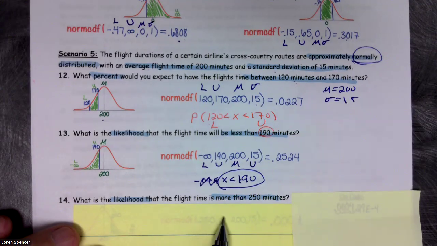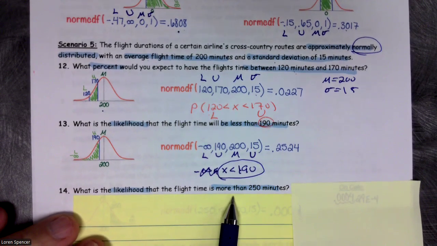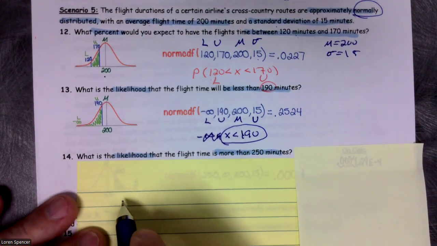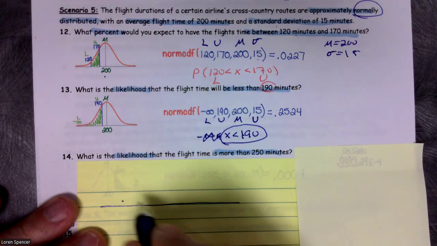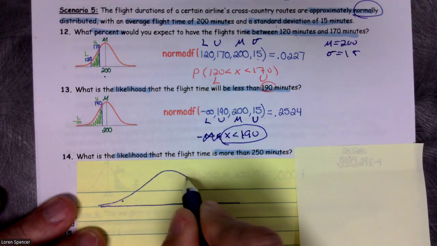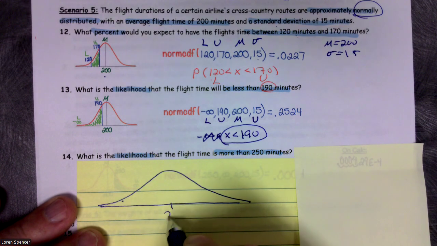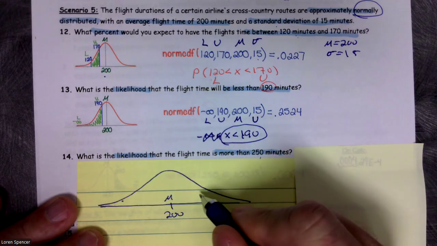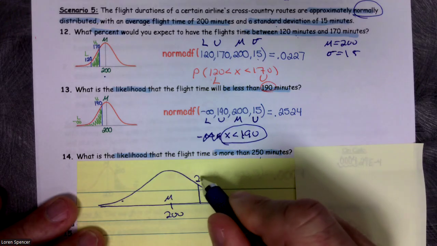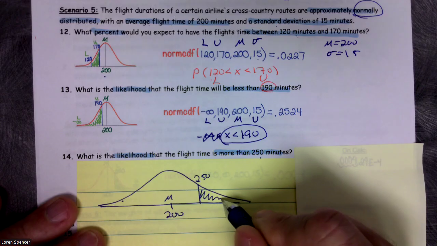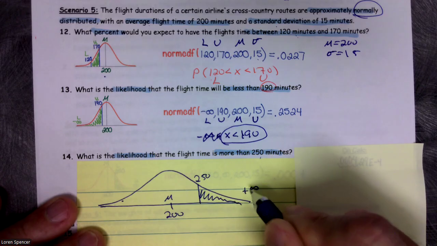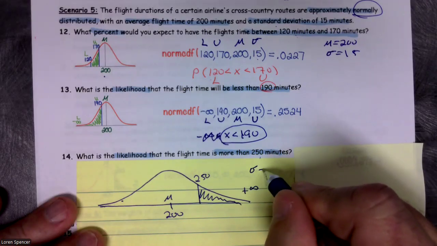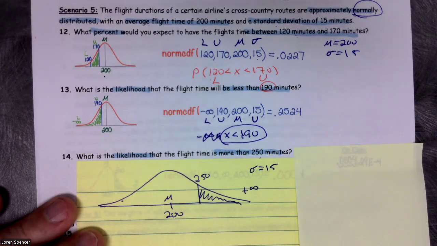Number 14, what's the likelihood that the flight time is more than 250 minutes? Once again, we're still working with the same normal. So this is our mean, but we want more than 250, and we're shading all the way up to positive infinity. Our standard deviation is still 15.